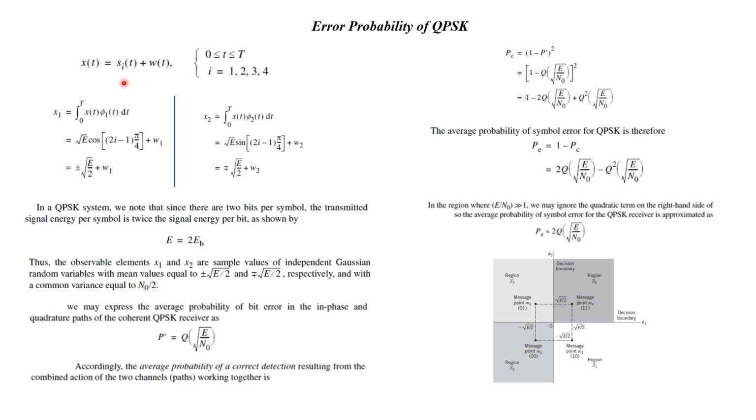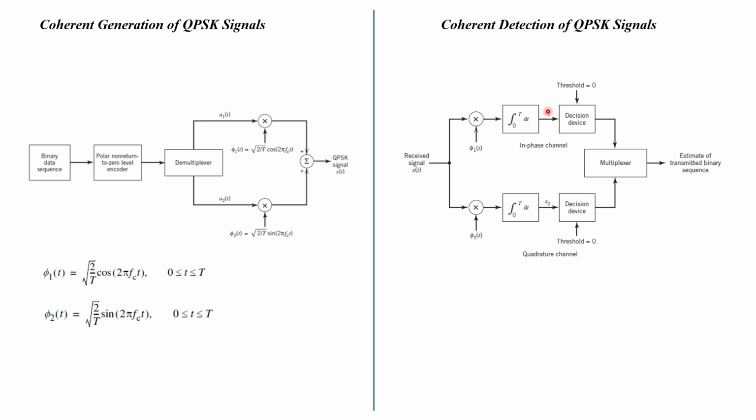There are four phases: 45 degrees, 135 degrees, 225 degrees and 315 degrees. If x of t is available at the receiver input, from the block diagram of coherent detection, we want to obtain the values x1 and x2. That is, I have to obtain these values from the correlators, which are shown in the in-phase channel and quadrature channel.